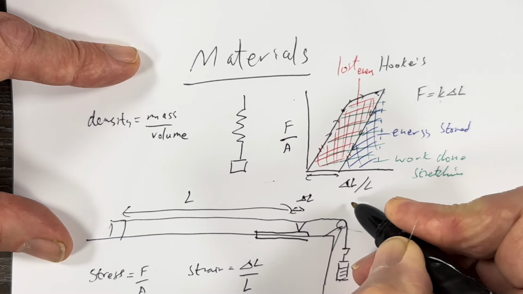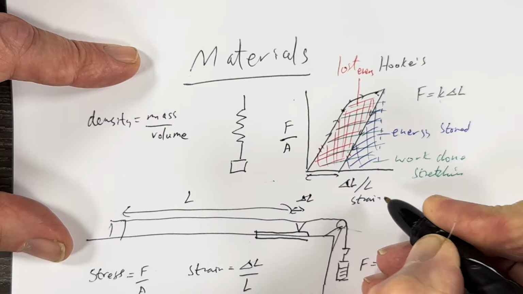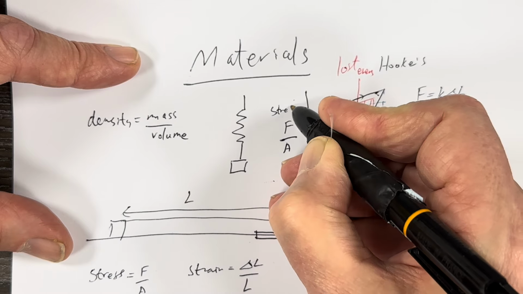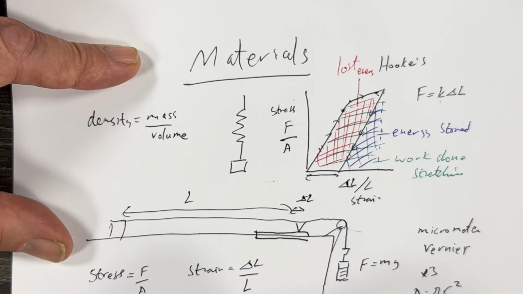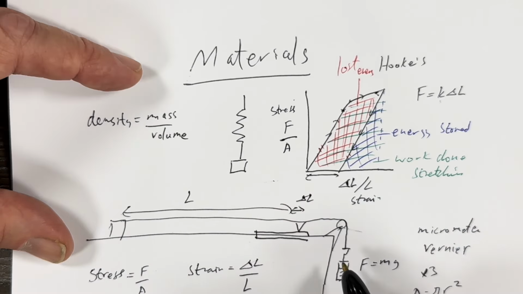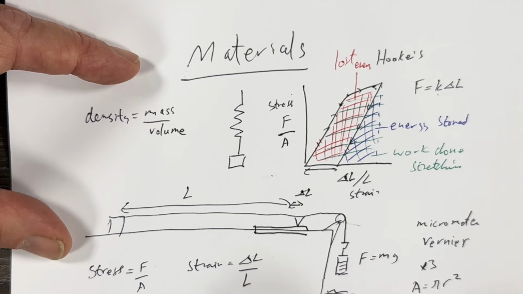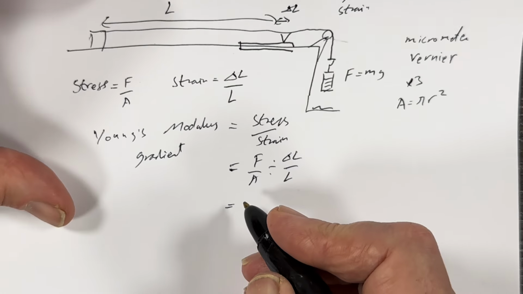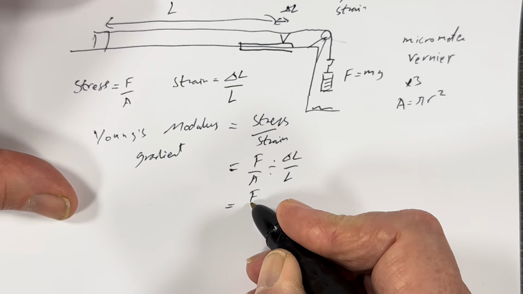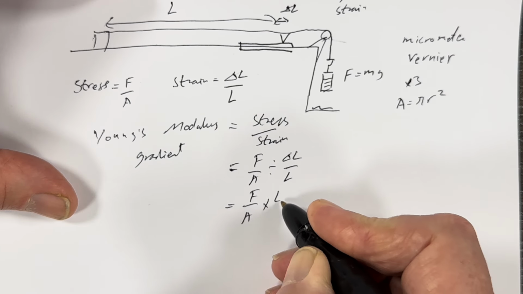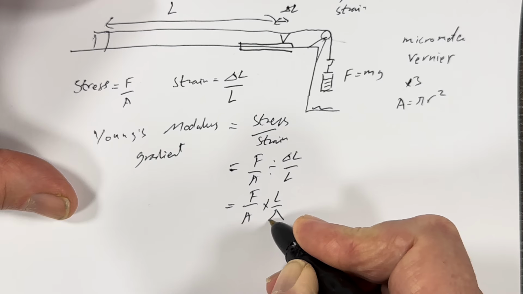So this becomes strain, and this becomes stress, and then that becomes the gradient of the straight line section of the graph. We need to just be able to write this, so it's F over A, just in terms of these letters can be really useful. So dividing by a fraction is the same as multiplying by the reciprocal. So we've got F over A times L over delta L.